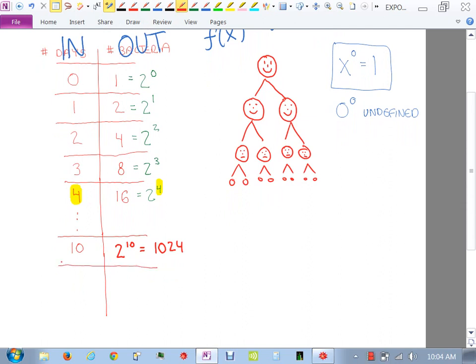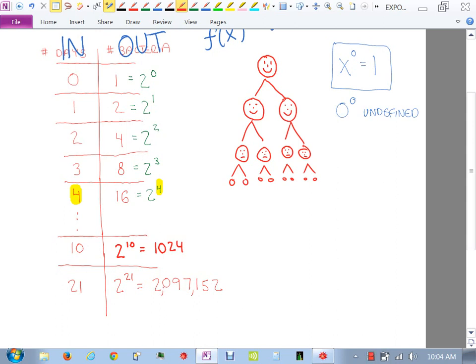So let's ask now, what would happen 21 days later? 21 days later, I'd be doing 2 to the 21st power, 2 raised to the 21.